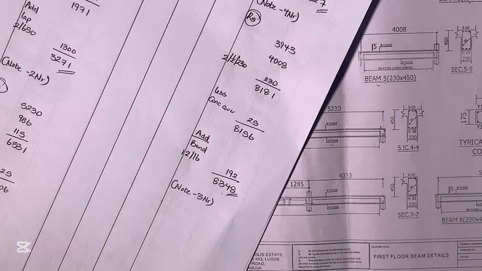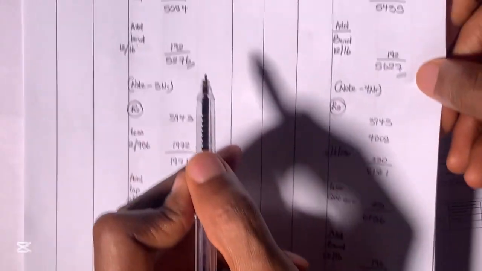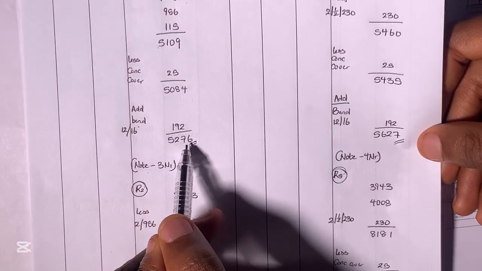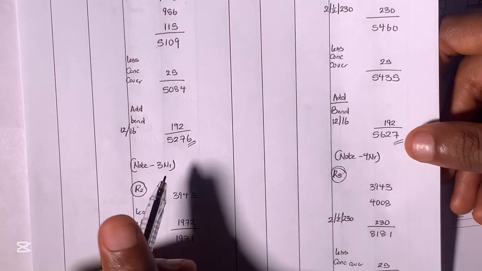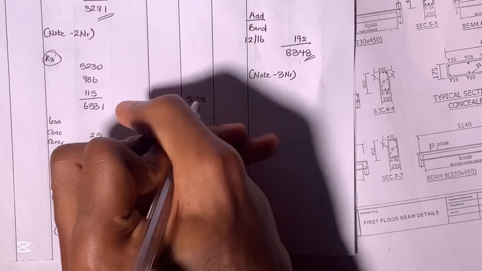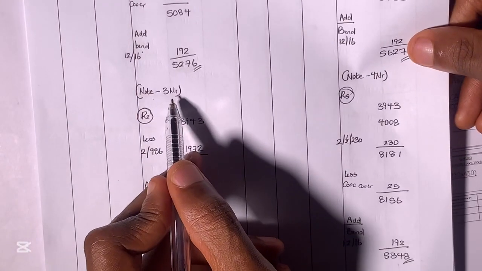We can now begin to record. So the first one is 5,276, in meters that is 5.28. So we'll record 5.28, and they are how many in number? 3 in number.